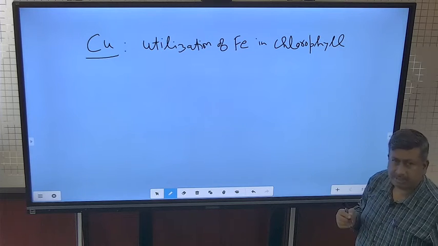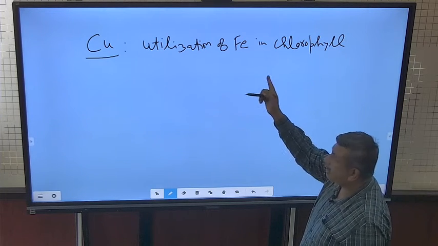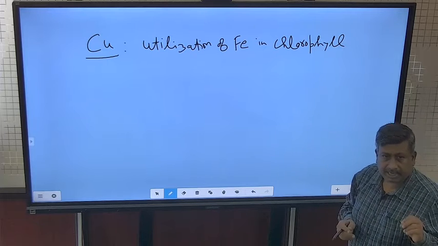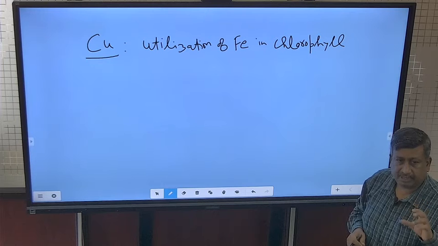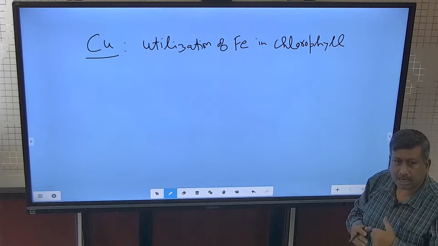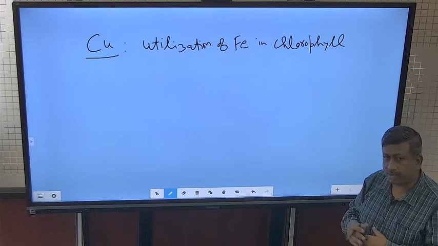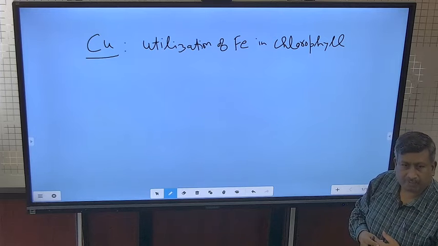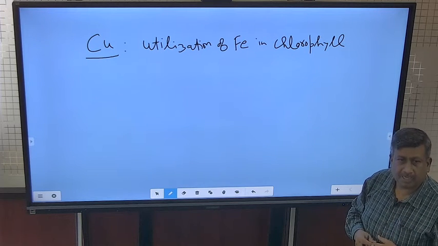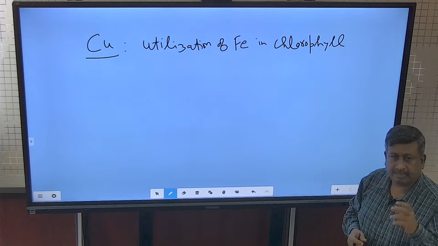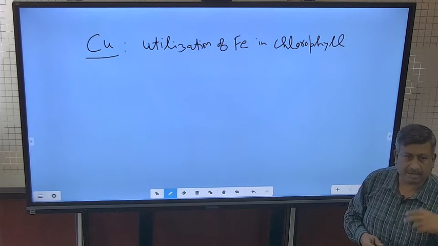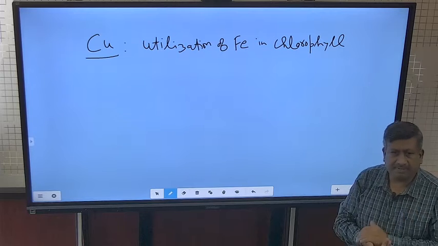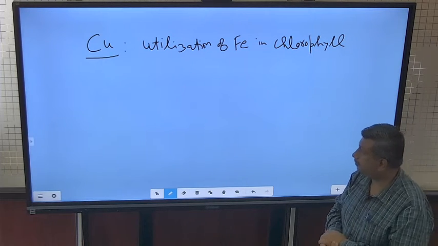So, chlorophyll formation occurs, and copper helps in utilization of iron. That is why copper deficiency also results in chlorosis. If there is copper deficiency, then iron is not utilized properly for chlorophyll formation. Poor formation of chlorophyll means loss of chlorophyll, which means chlorosis, which means yellowing. So, this is the reason that in iron deficiency, copper deficiency, nitrogen deficiency and magnesium deficiency, there is chlorosis.